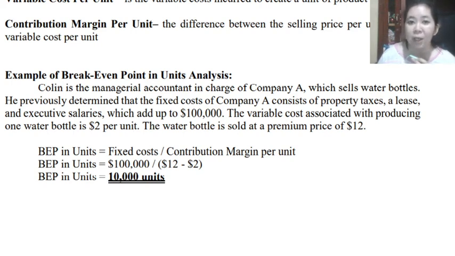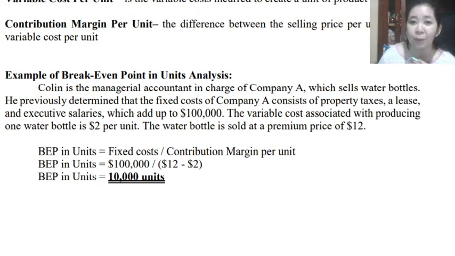So your contribution margin per unit is 10, and that's simply 100,000 divided by 10. So your break-even point in units is 10,000 units. Meaning, if the entity is able to sell 10,000 units of water bottles, at this level of sales their total fixed cost and variable cost is just equal to their revenues. So at this level, they will have no profit nor loss. What about if the entity sells 9,000 units?